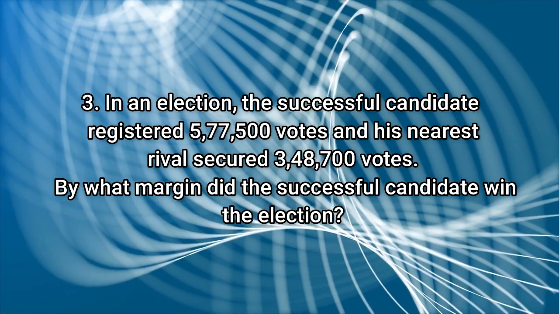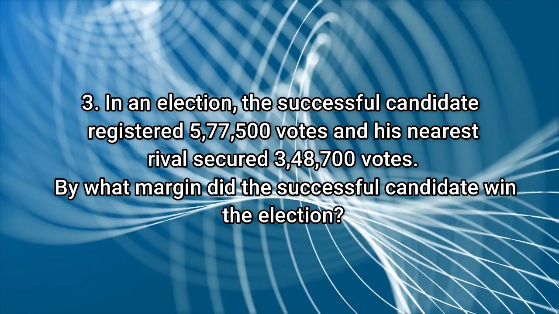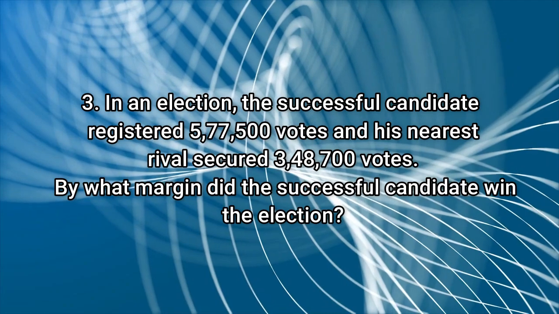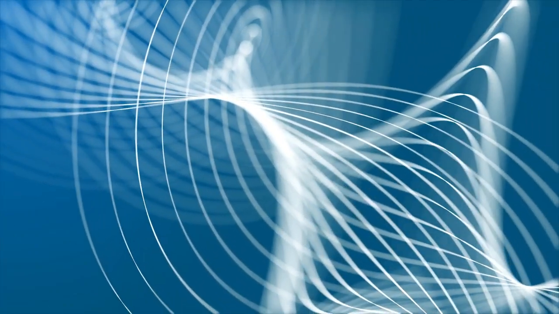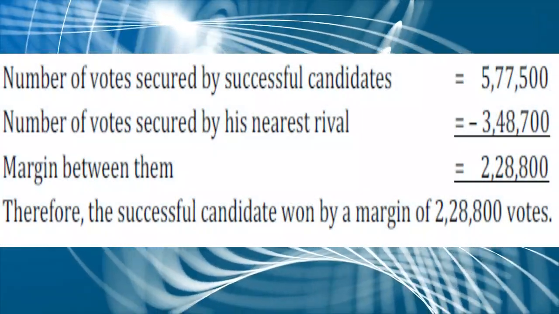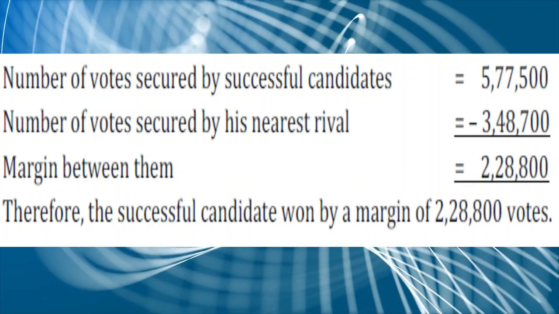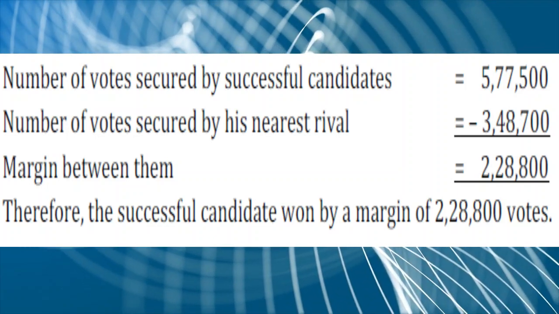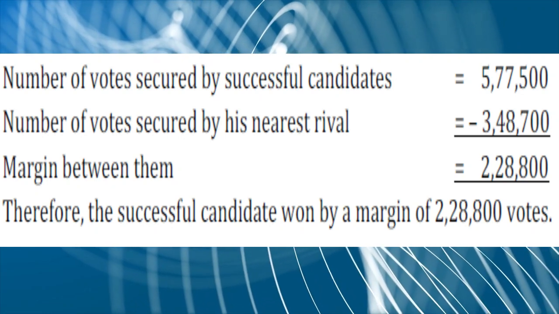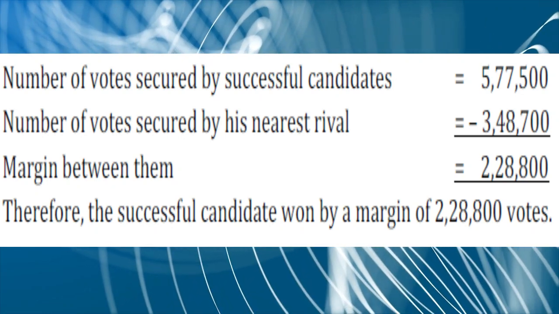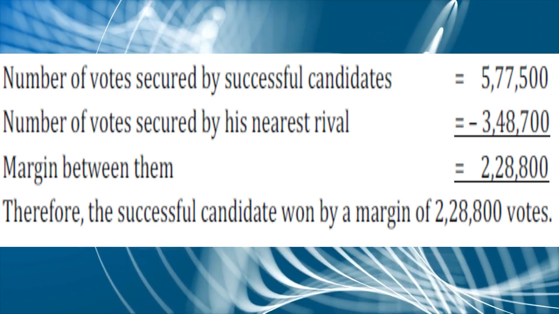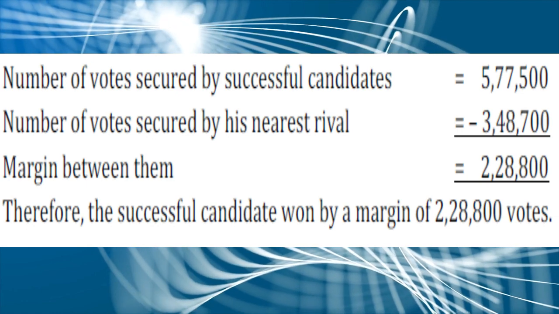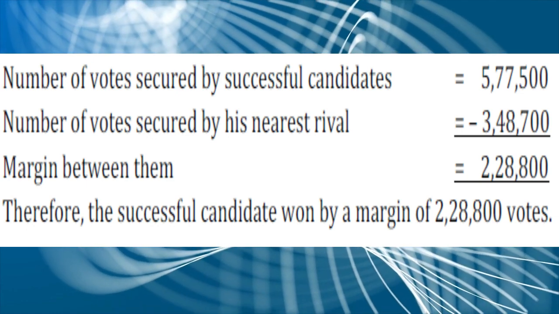So once again, this problem deals with subtraction. How are we going to write the statements? Okay, the first statement is number of votes secured by successful candidate is equal to 5,77,500. Number of votes secured by his nearest rival is 3,48,700.